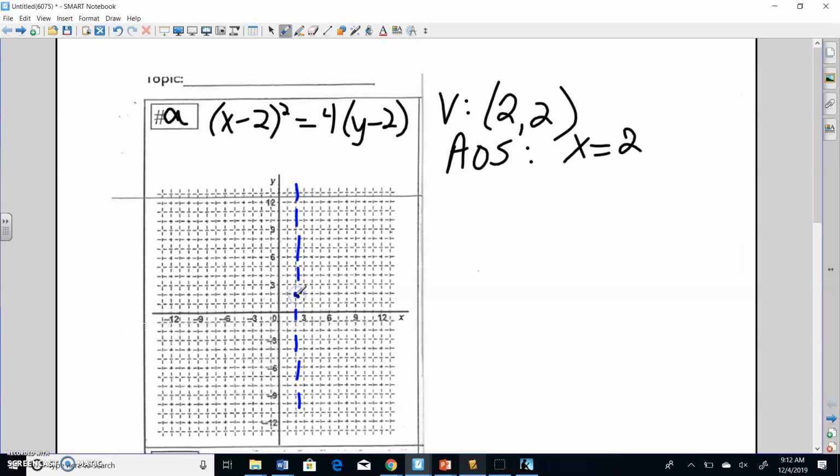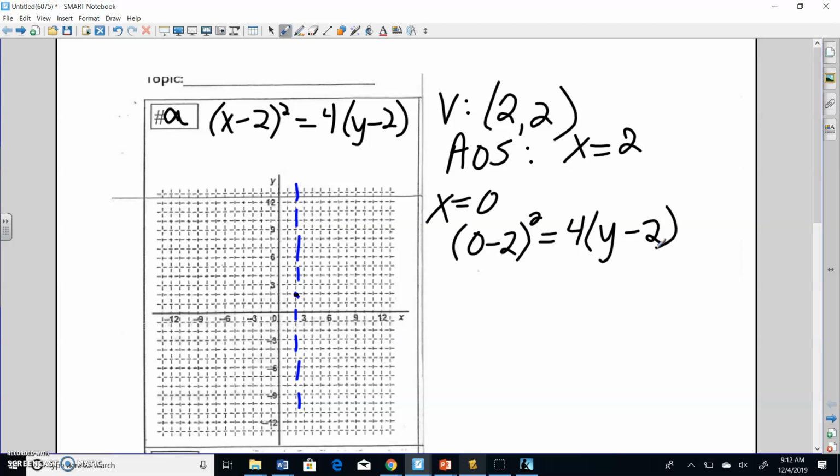Okay, so how do we find another point? If it is a vertical one, I would let x equal 0, because I'd like to see where it crosses the y-axis. So we let x equal 0 and plug it into our equation: 0 minus 2 squared equals 4 times (y minus 2), and we want to solve for y.